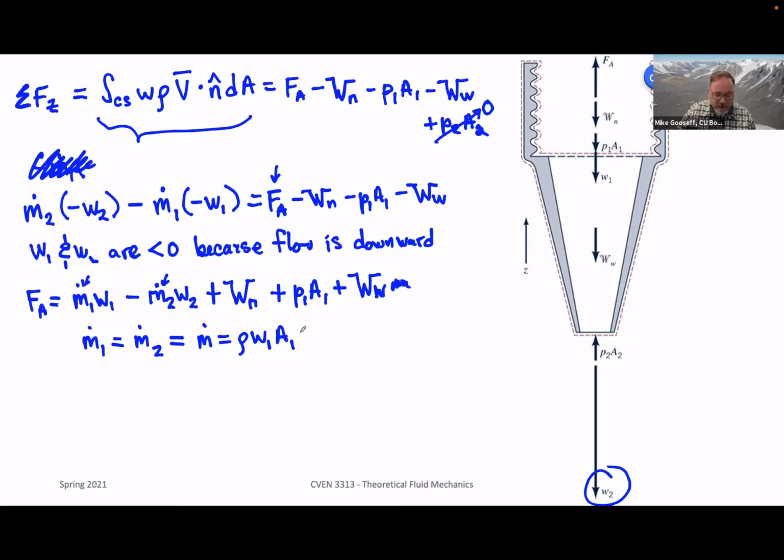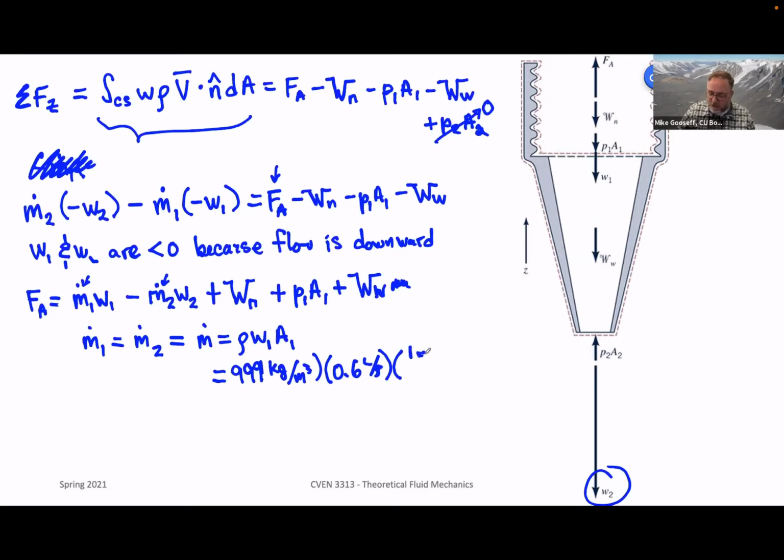But this is equal to then 999 kilograms per meter cubed, which is the density of water. And then we multiply that by 0.6 liters per second, which is our flow rate Q. We need to convert that to cubic meters.